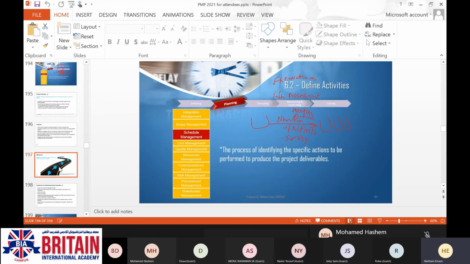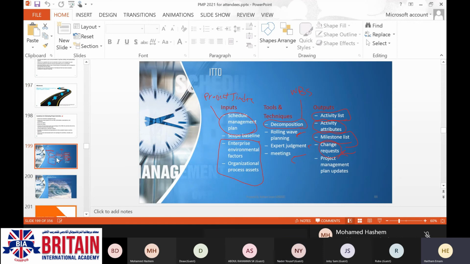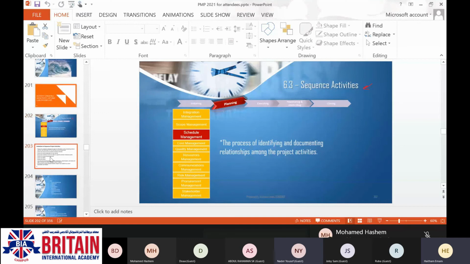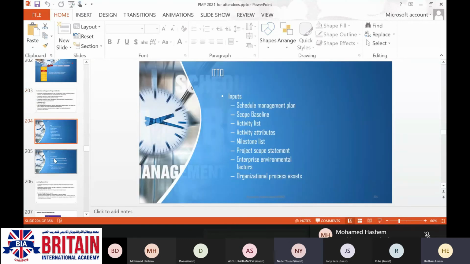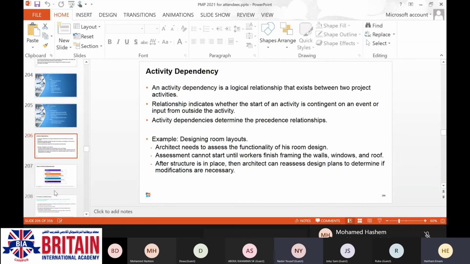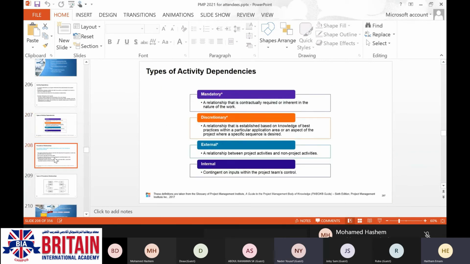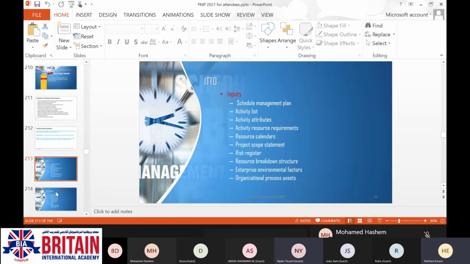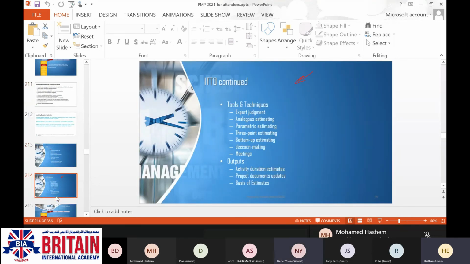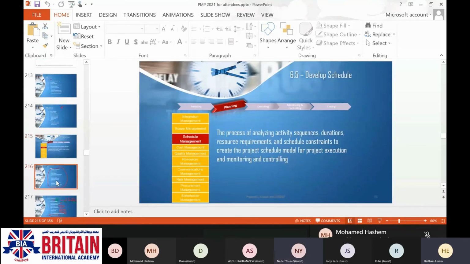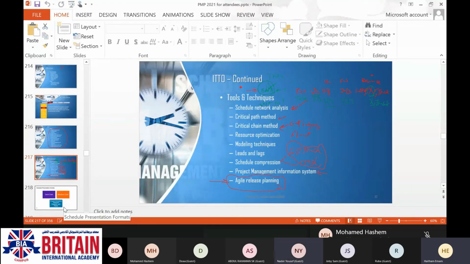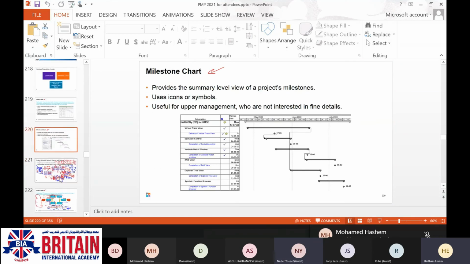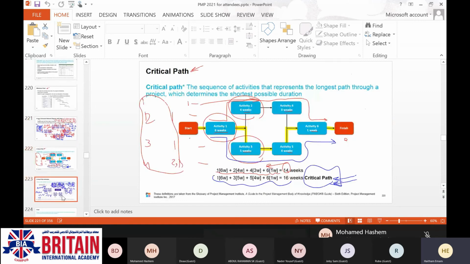Okay, number of meetings, milestones, change request, decomposition. Milestones, on demand planning.